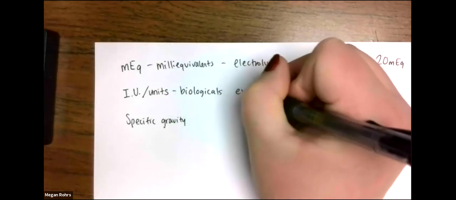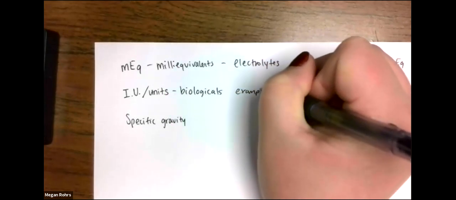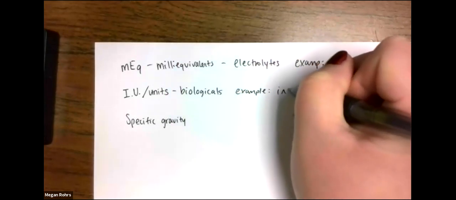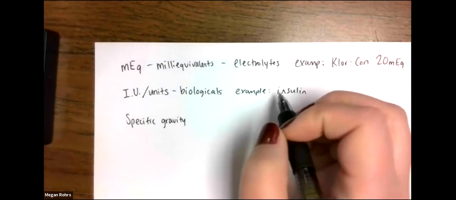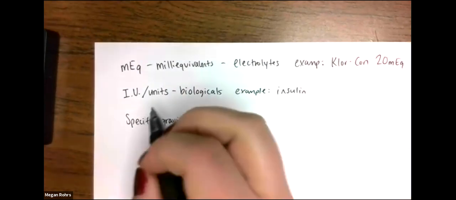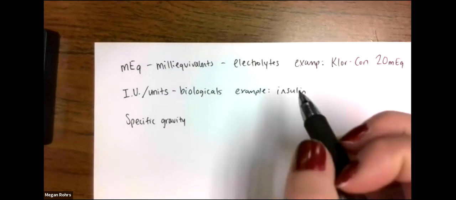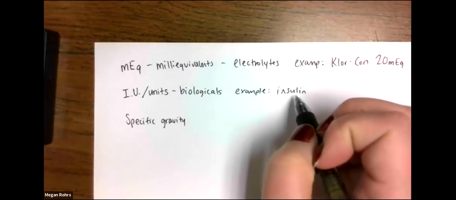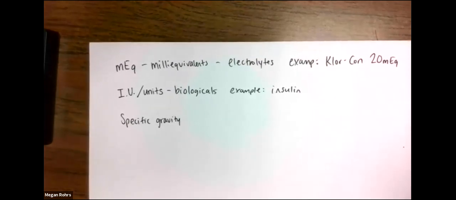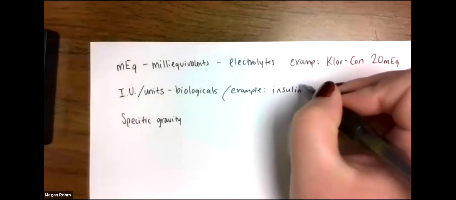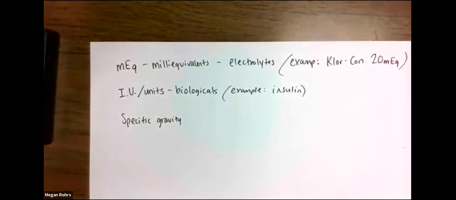An example here, really common, would be insulin. So insulin is going to be measured in units, and those units are going to be specific to that drug. Okay? It doesn't fall into, like I said, the metric, household, or apothecary system. So that was a couple examples there.